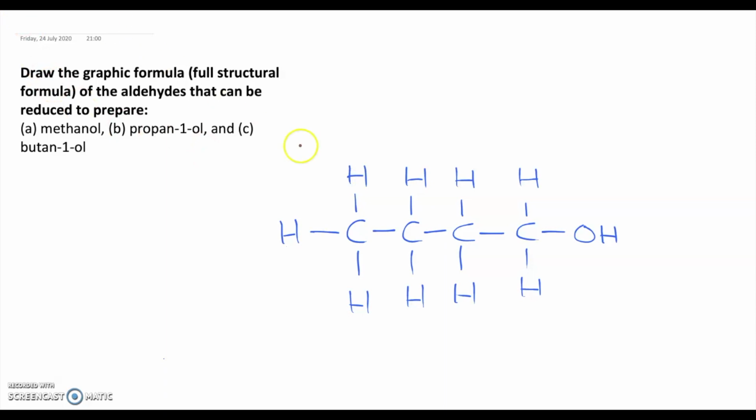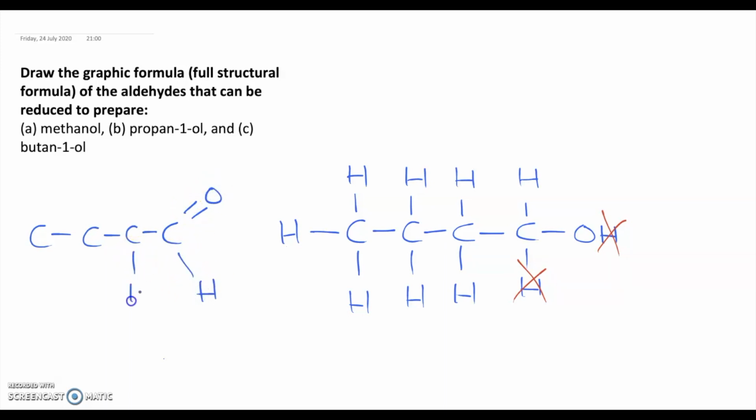So I'm going to take away the hydrogen next to the oxygen, and I'm also going to take away another hydrogen that's attached to the carbon next to the OH. And that will leave me with the aldehyde that is reduced to form butan-1-ol, and this aldehyde is called butanal.